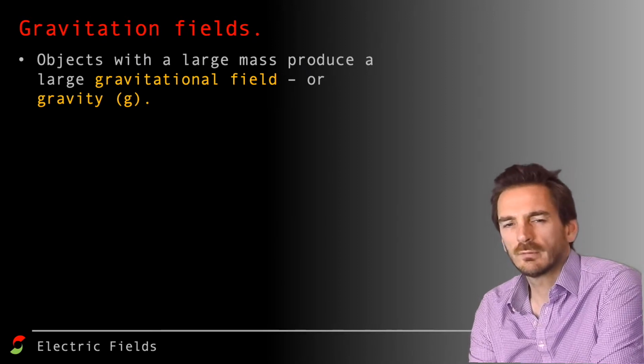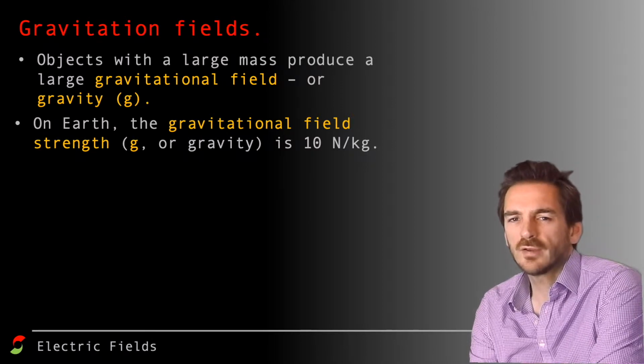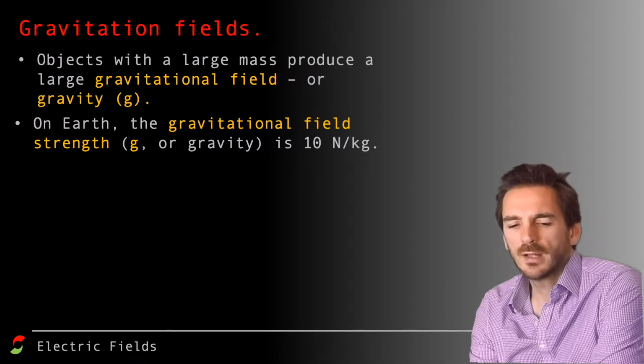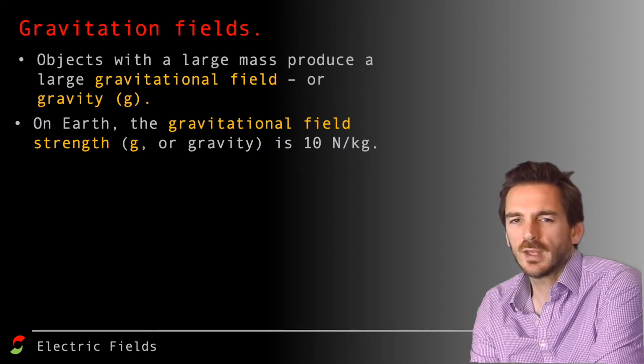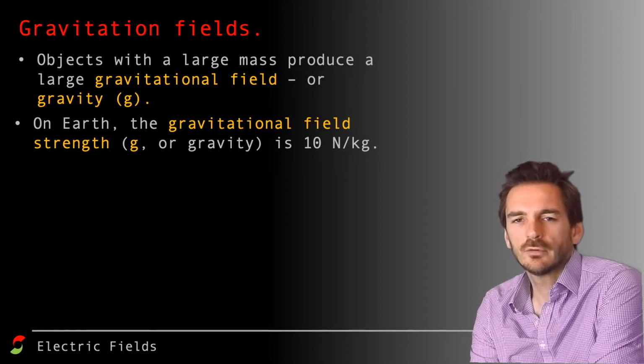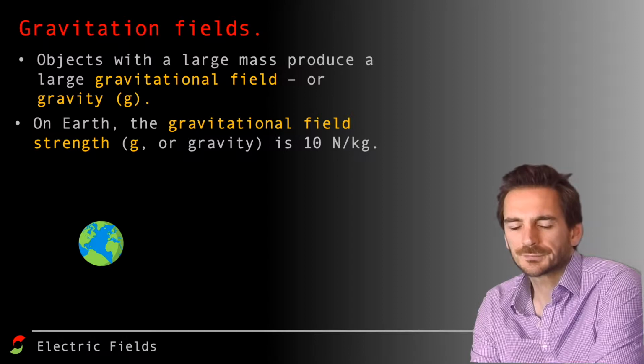We call this gravitational field gravity. On Earth, the gravitational field, or gravity, is 10 newtons per kilogram, and what that means is that for every kilogram, there is 10 newtons of force produced by that gravitational field.